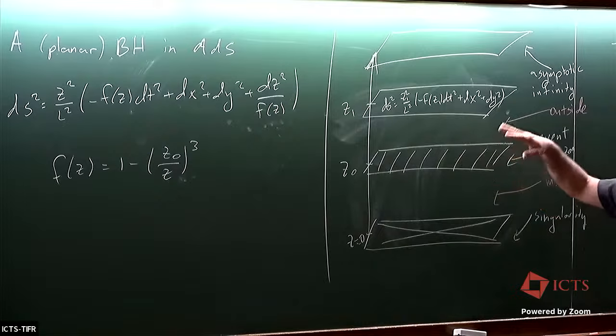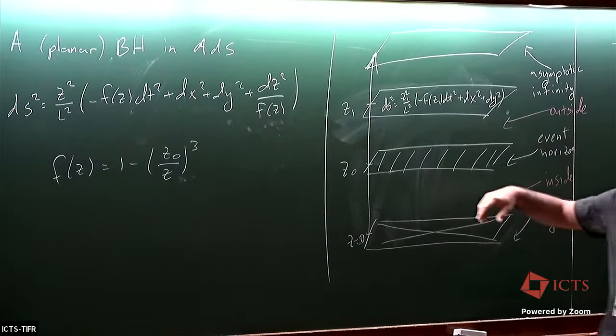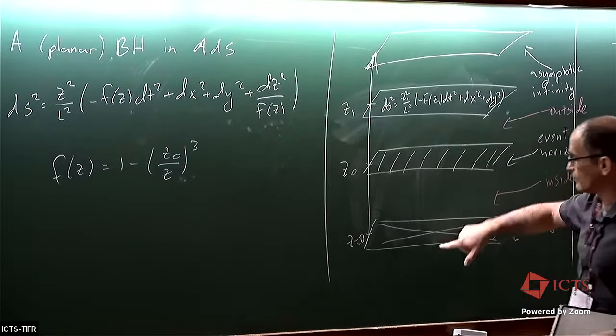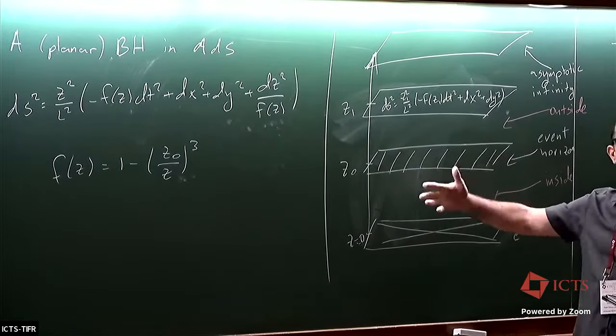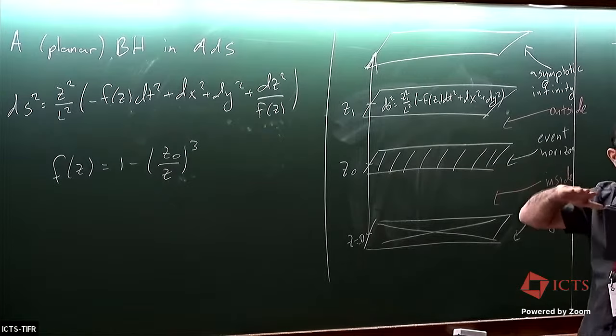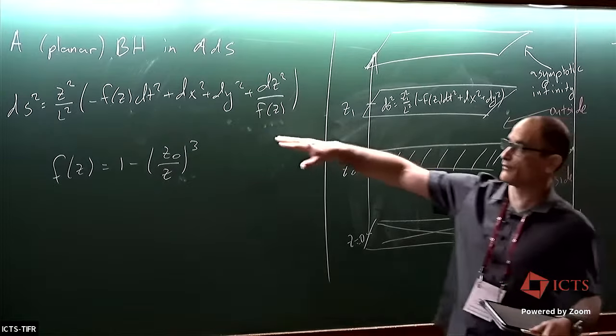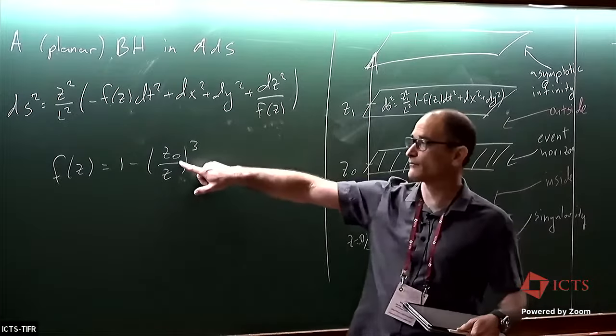The event horizon is going to jiggle a little bit, and whatever we threw in is going to fall into the singularity. And what we know is that if we wait long enough, whatever happened here is eventually going to die out, and we're going to end up with a solution that looks like this, maybe with a different z-naught.